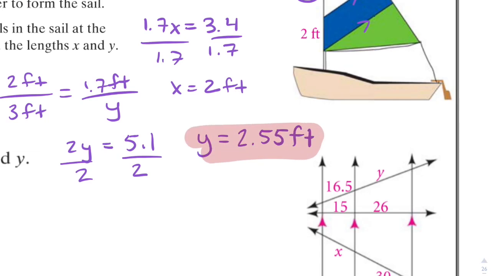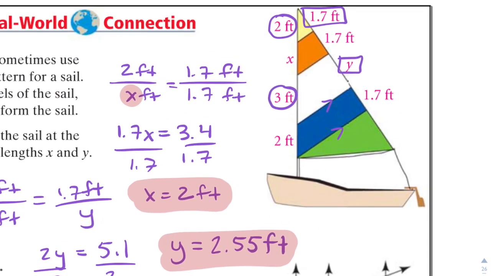Y is 2.55 feet. X is 2 feet. It makes sense. The larger one side gets, the larger the other side's going to get. It's about a 50% increase from 2 to 3, right? It's half of 2 added on. It's going to be half of 1.7 added on, which ends up being the total of 2.55.